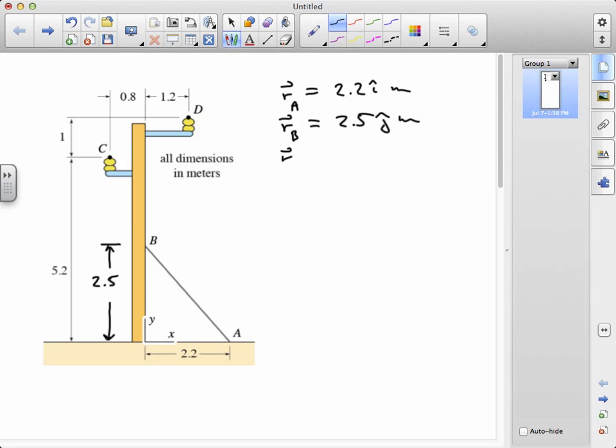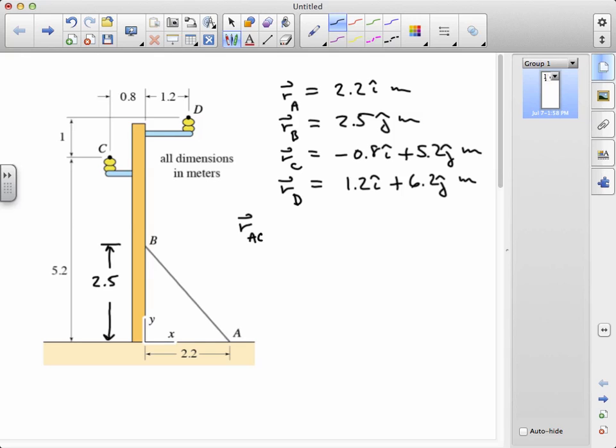RC is minus 0.8 i plus 5.2 j meters, and RD is 1.2 i plus 6.2 j meters.